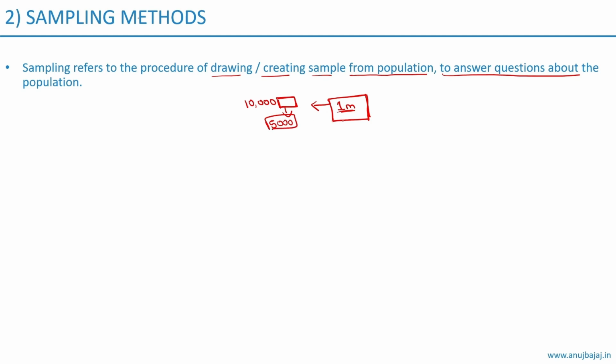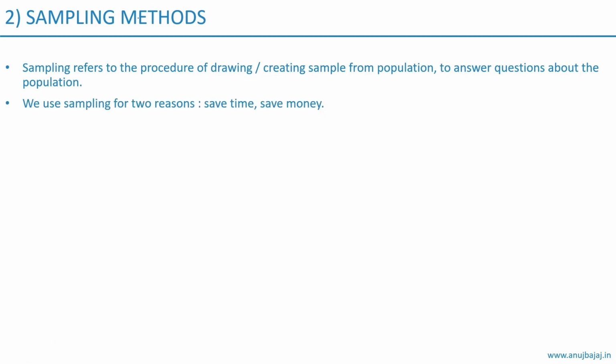Then we can also conclude the same about the population, that each household in the entire population must be spending on an average about $5,000 on groceries. So we take a sample from the entire population to derive some meaningful information about the population. Hence, we use sampling in order to save time and save money, because surveying the entire population is very time consuming as well as it requires a lot of resources.